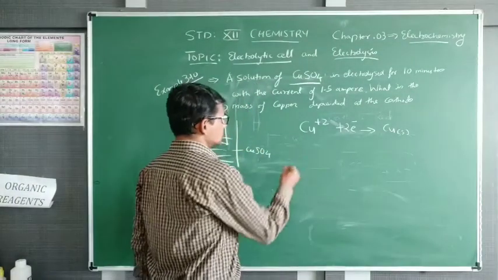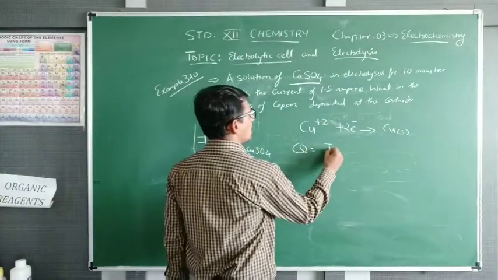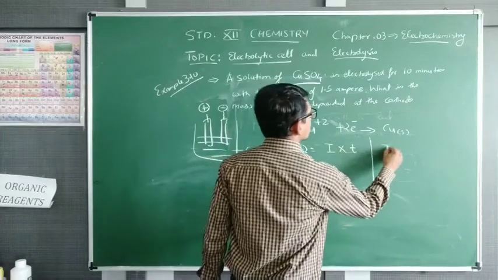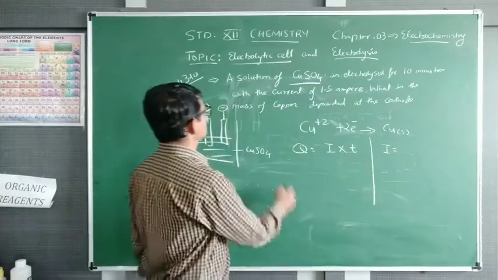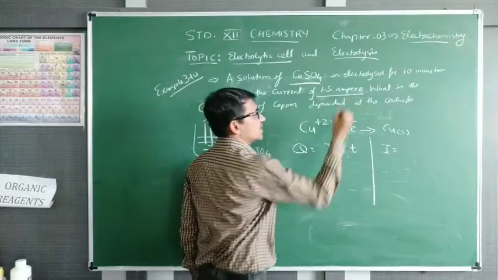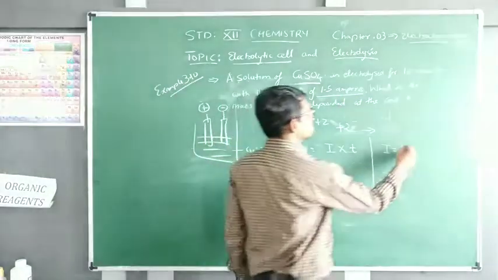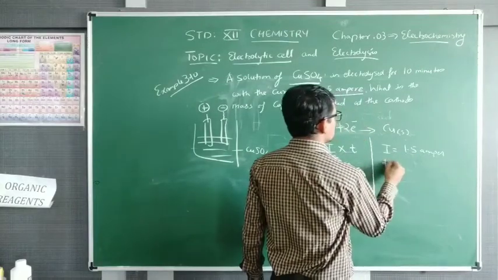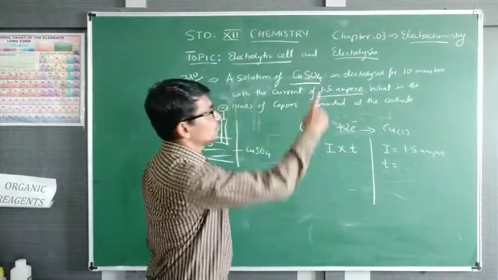Now Q is equal to I T. I, that is the current in ampere, is given as 1.5 ampere. Time T is given as 10 minutes.